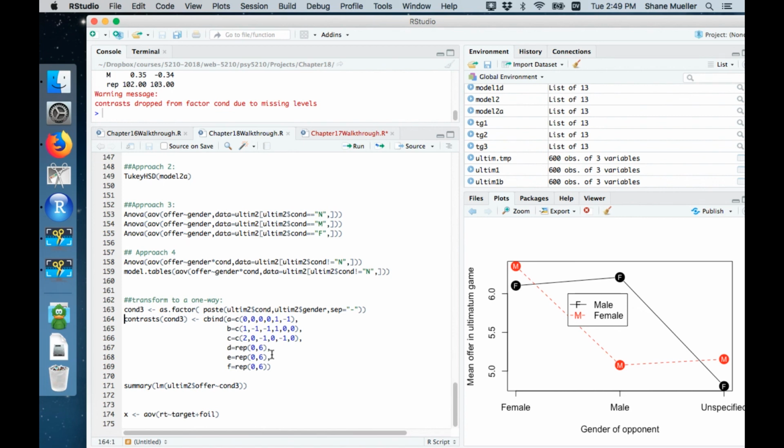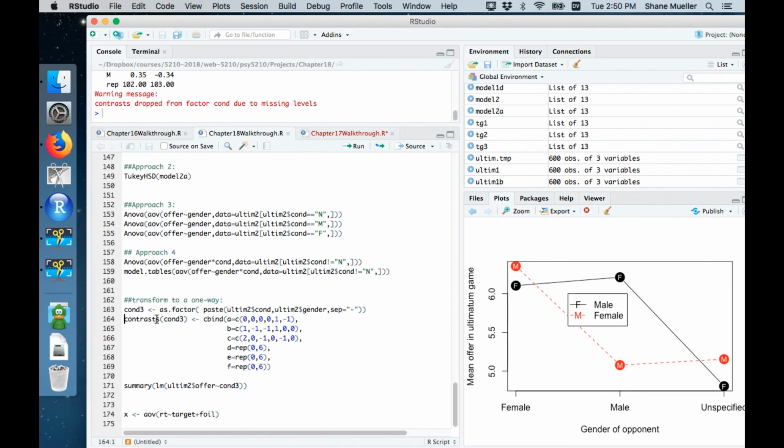And so let's see, this one would say something like, I want to recode condition into these 3 dimensions that say I'm going to look at the difference between these two, that's A. And then B is the interaction between these two. And then C is like this is sort of the effect of the gender of the dictator.